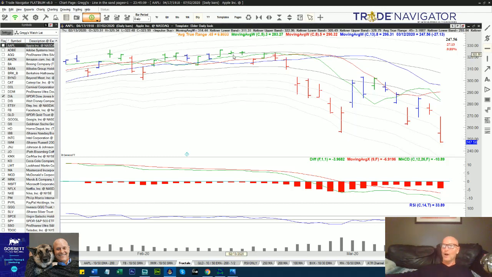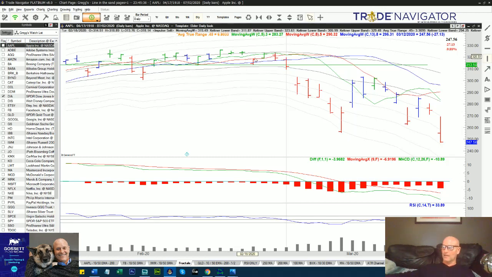Here's two higher lows to the left, two higher lows to the right. Would that be a legitimate fractal to the downside if it triggered? It sure would, again, because the low of the fractal, the trigger point of the fractal, is below the red line. You have the two higher lows to the left, two higher lows to the right.